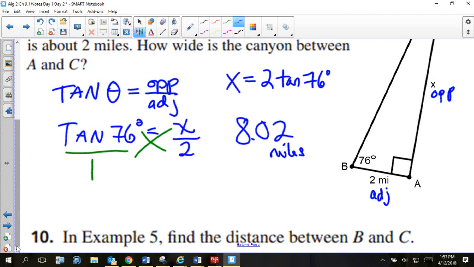And there's another question. In example 5, find the distance between B and C. So I'm going to stop talking for a moment. Let's see if you can find the distance between B and C now. Same picture. What you can do is start thinking about how you can set up the picture.